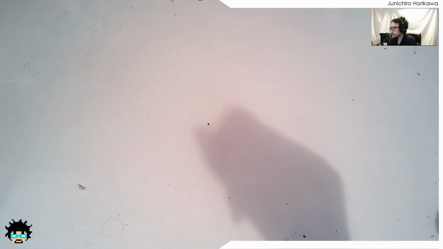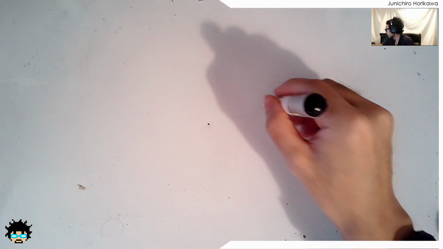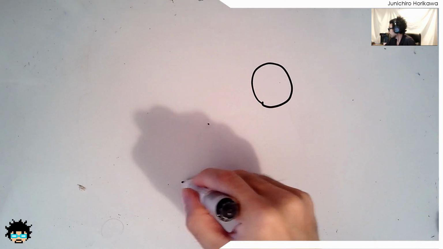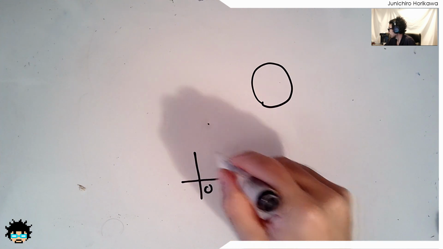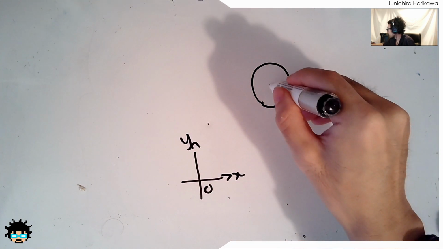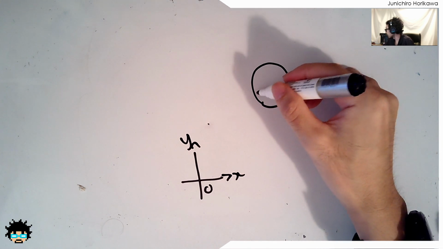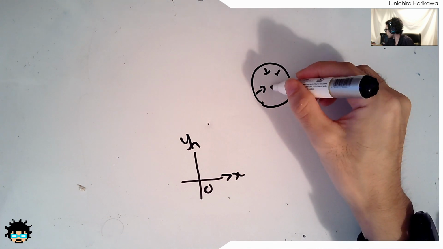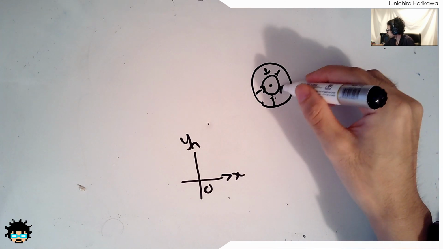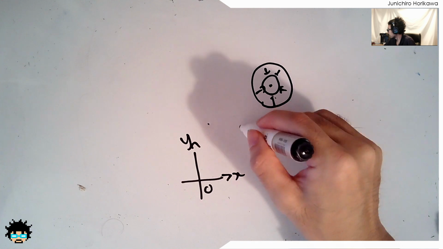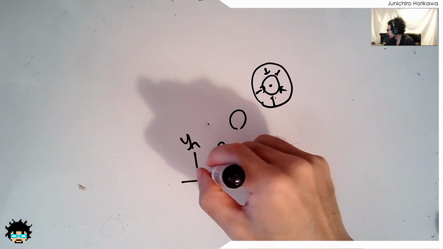Now let's try to draw what we want to do. We have a sphere somewhere which is off the 0, 0 position, and we want to scale the sphere using the center of the sphere, not like this.